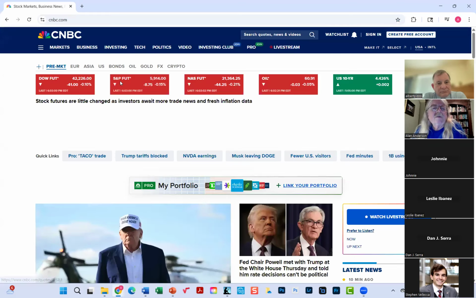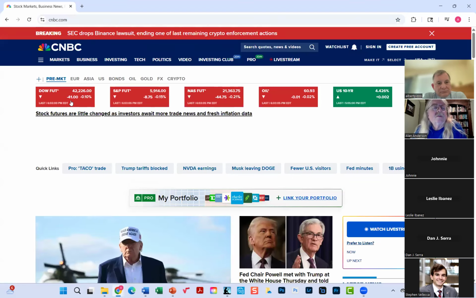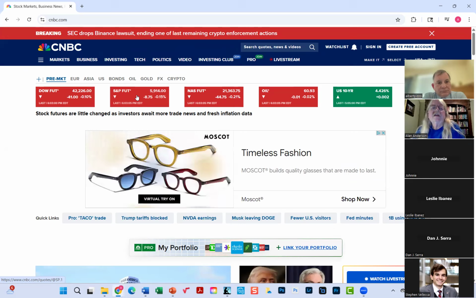But so here's CNBC, one of my favorite financial websites. So the markets are closed. So what you're seeing here are the futures prices that reflect what we think will happen tomorrow based on the activity of traders in overseas markets. You can see the treasury, the 10-year yield went up just ever so slightly. That usually is in oil, just a pinch.